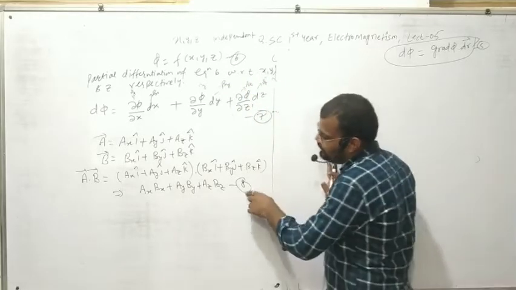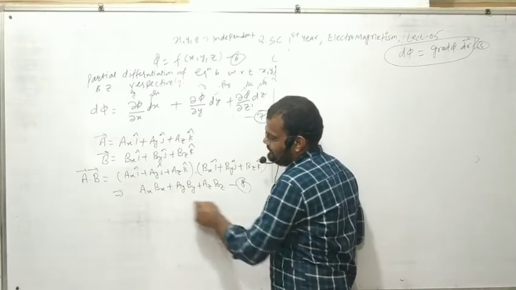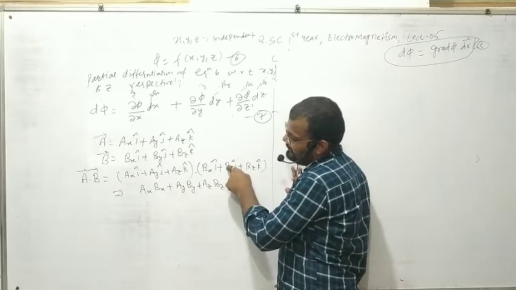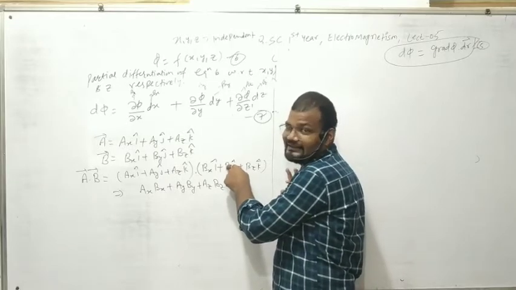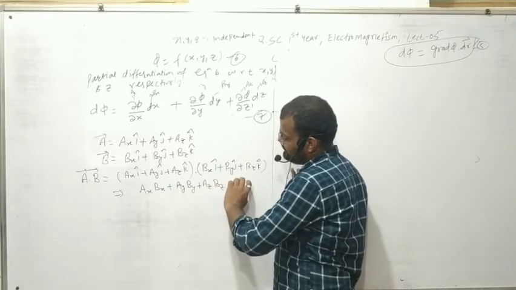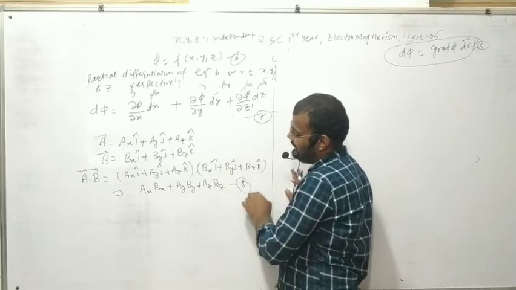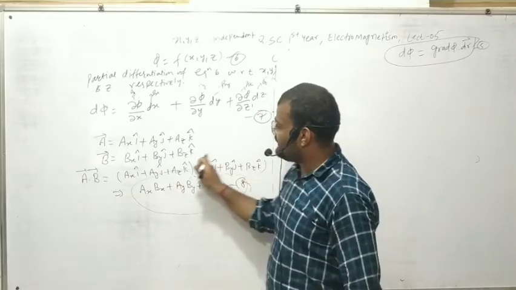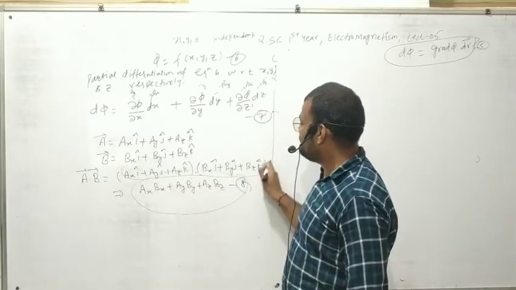So from equation 8, this was your scalar product of two vectors. Means equation 8 can be written as a scalar product of two vectors.